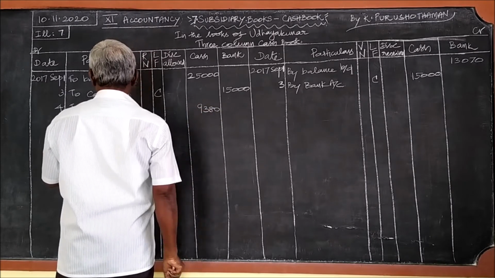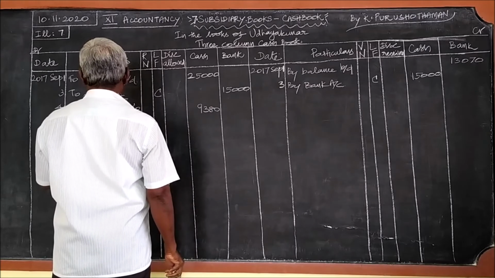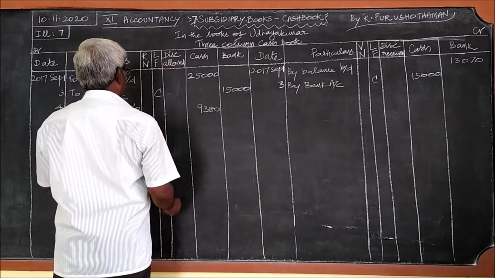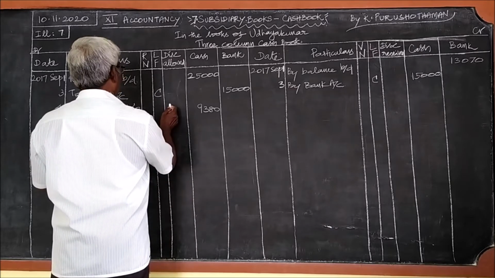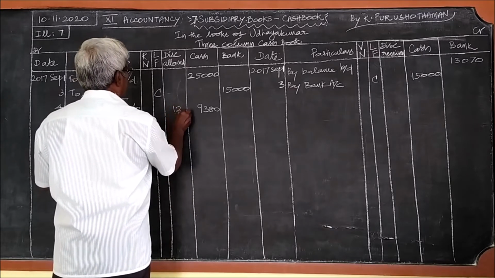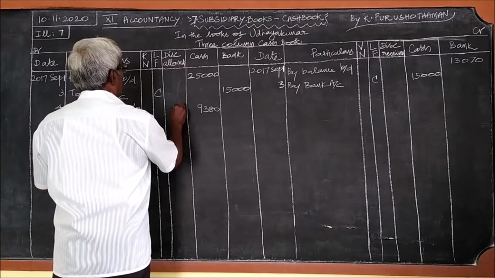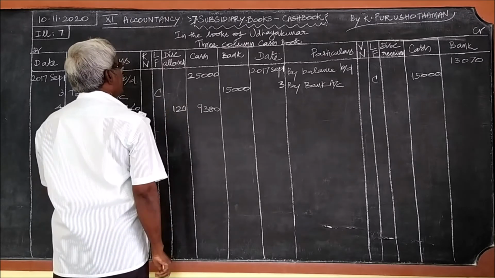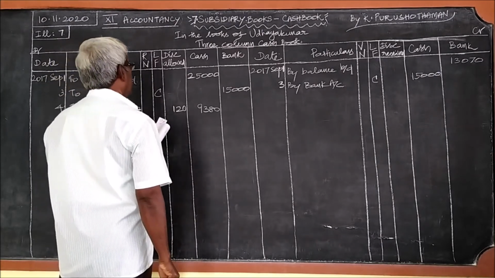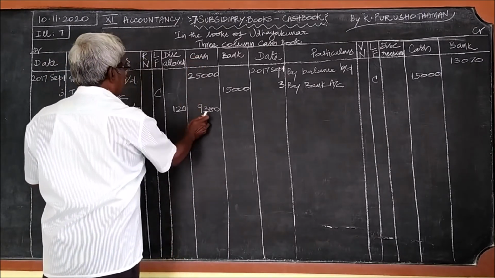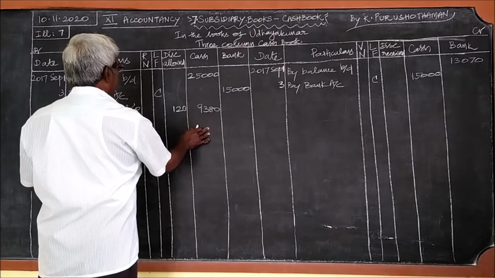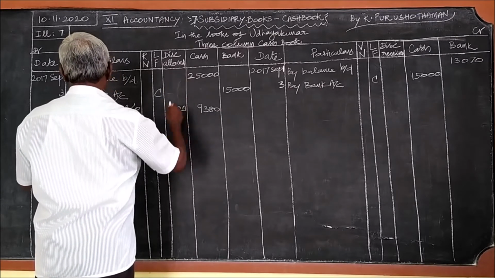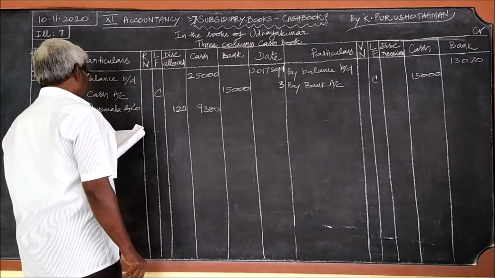And from the same Shyamala and Co., discount allowed to them is 120 rupees. What does it mean? For the amount to be received, 9,500, only 9,380 is received. It means 120 is the discount allowed to Shyamala and Co.